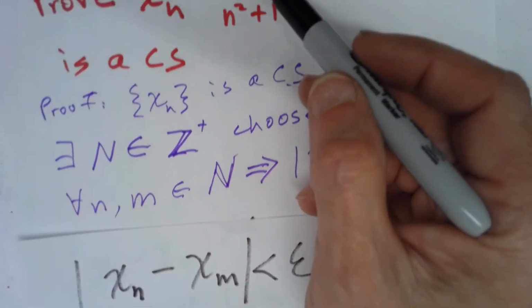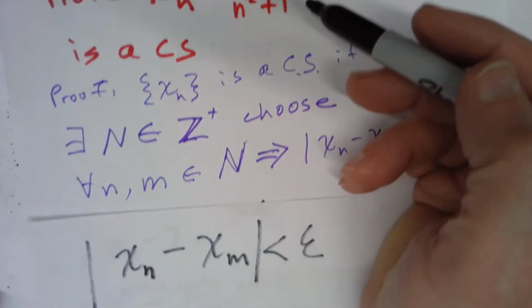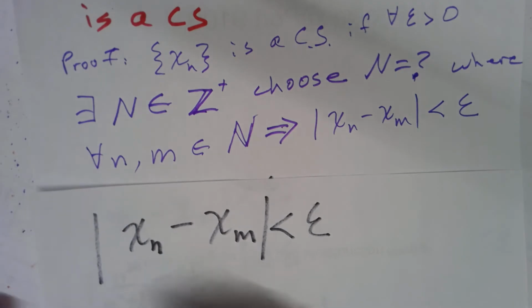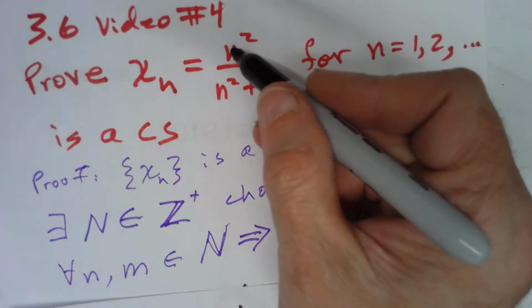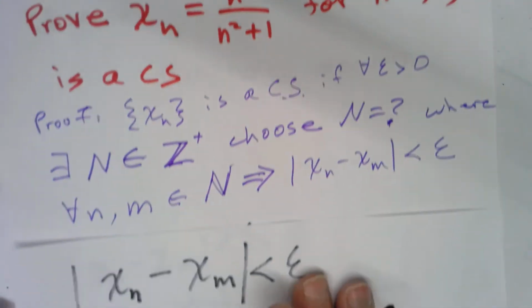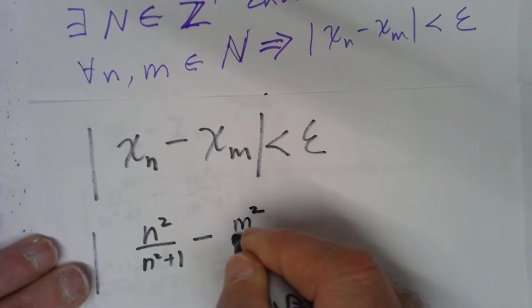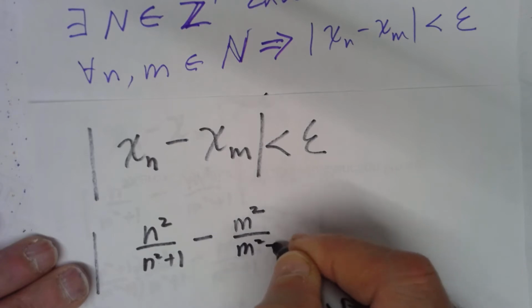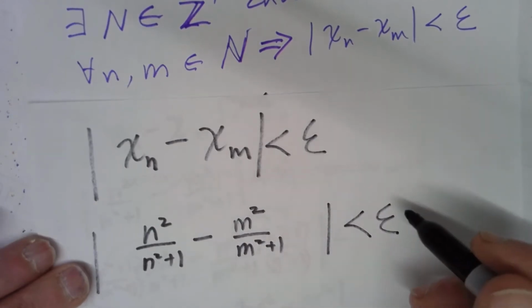And x sub n is n squared over n squared plus 1, so this will be n squared over n squared plus 1 minus x sub m, where we put m where n is. So that'll be m squared over m squared plus 1, and that's all less than epsilon.